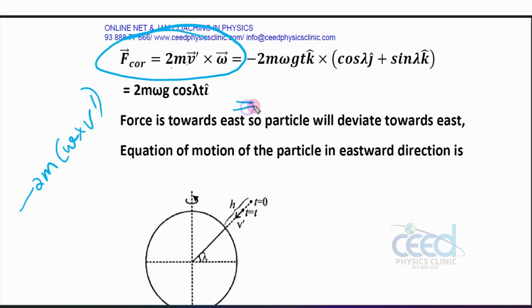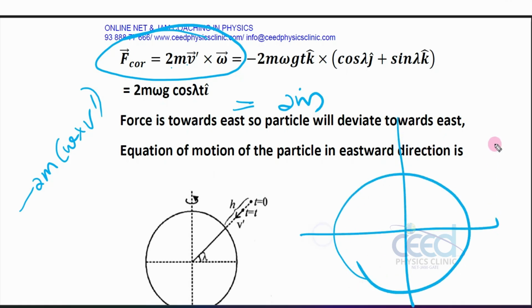That is 2m. Suppose one body is falling from a height. Initially x coordinate 0, y coordinate 0, and it is falling from a height h. Suppose it is falling in the z direction, then from a height h, then z coordinate is h.